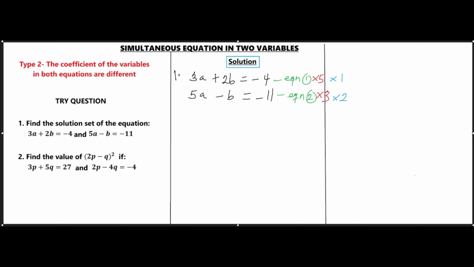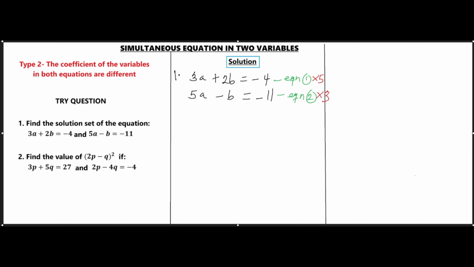So that is the rationale behind what we are doing. So which variable should we eliminate? Okay, so let's eliminate a. At your free time, also try that of b.